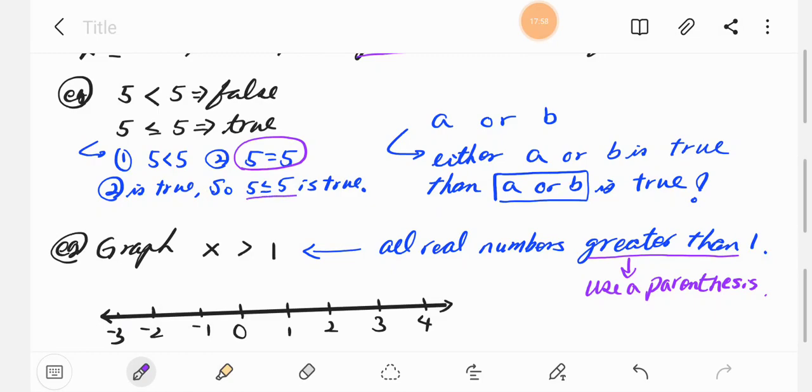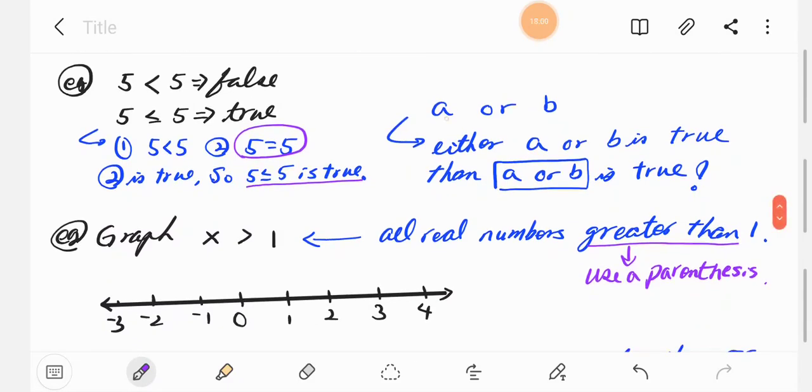So since 5 is equal to 5, the result is true. Make sense? So you have two conditions, condition A and condition B. If either A is true or B is true, then the result A or B is true.